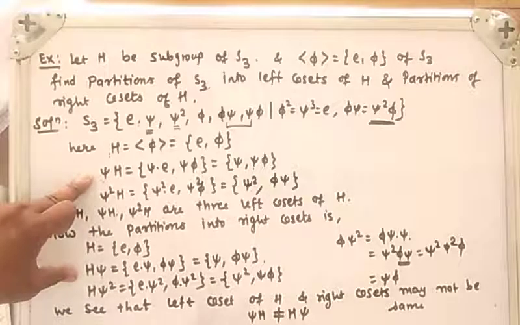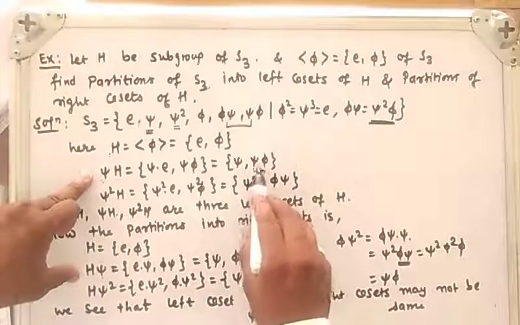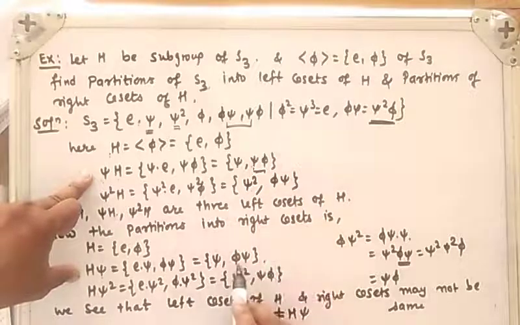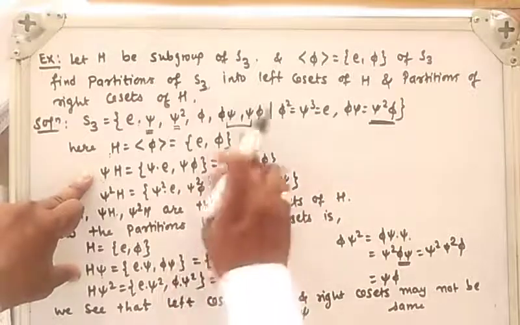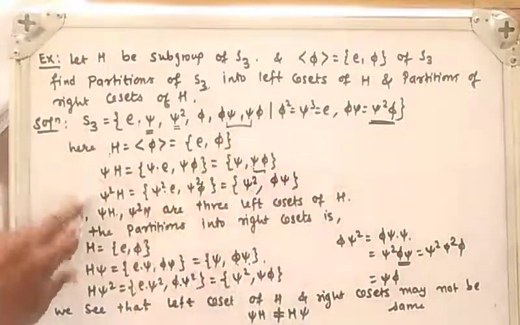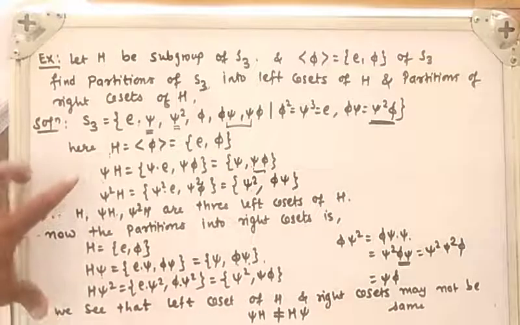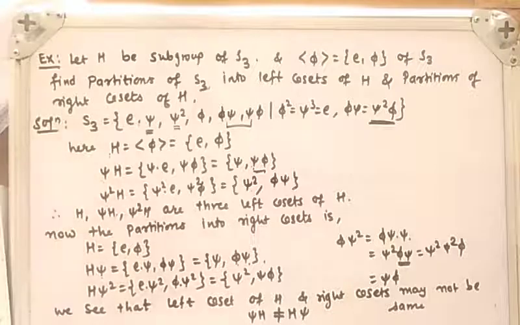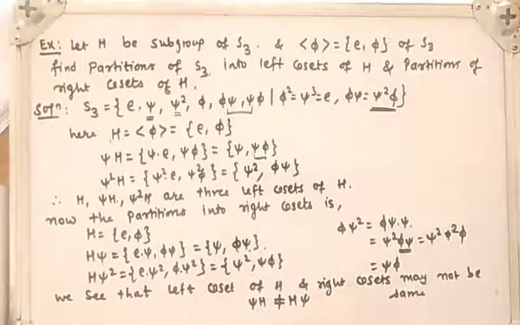In these two sets psi is the same, but the second element is psi phi in one and phi psi in the other. Both are not equal because they are different elements in S3. So we say that the partitions into left cosets and right cosets are not the same. Therefore the partition into left cosets of H is different from the partition into right cosets, because psi H is not equal to H psi.